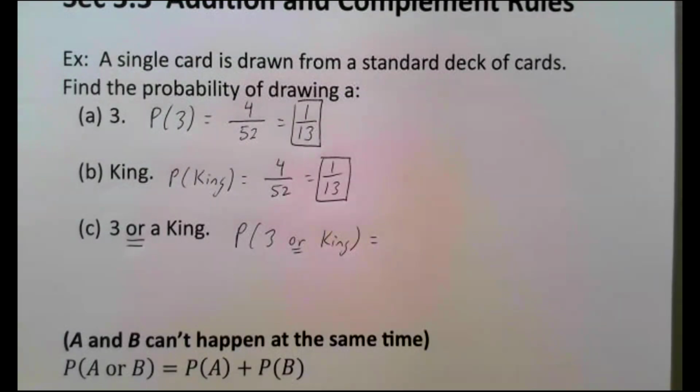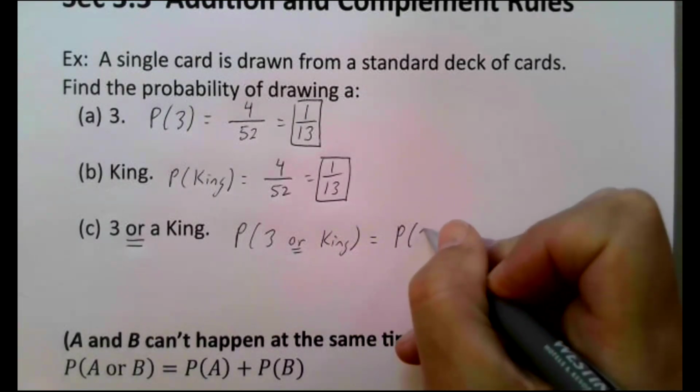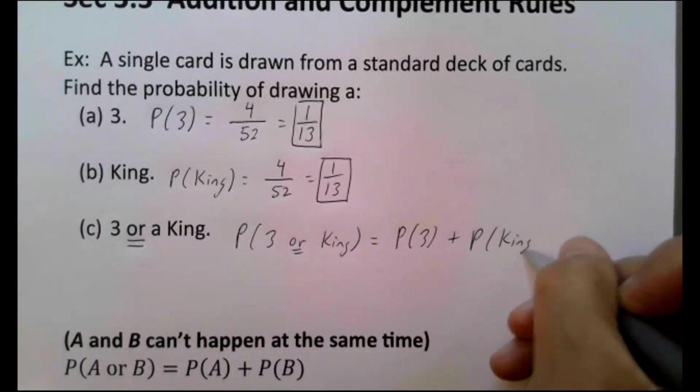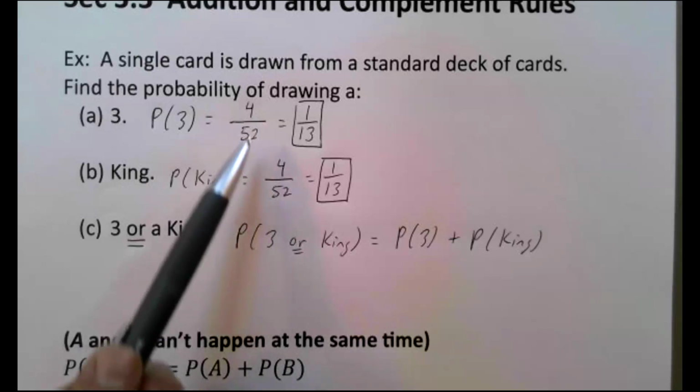The formula for when the two events cannot happen at the same time, you're doing an OR problem like this: the probability of A or B is just the probability of A plus the probability of B. So our answer is going to look like this: probability of a 3 plus the probability of a king, and that's it. We don't have to do anything else. It's a very straightforward formula. It's really just going to be the sum of these two.